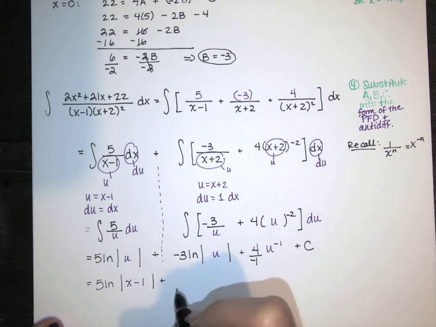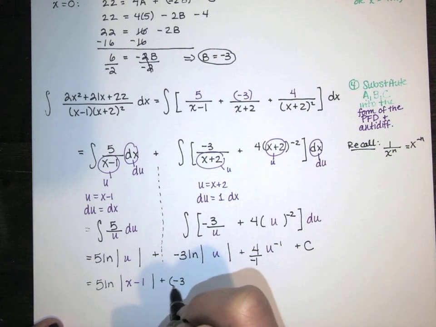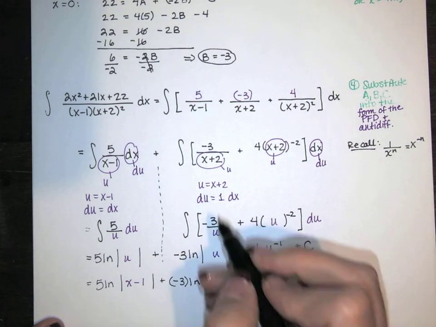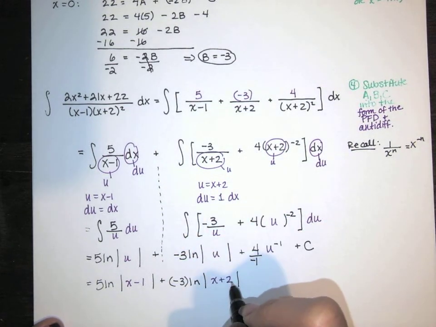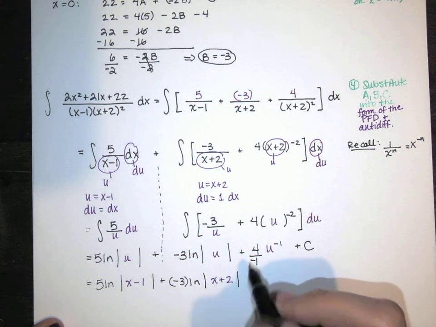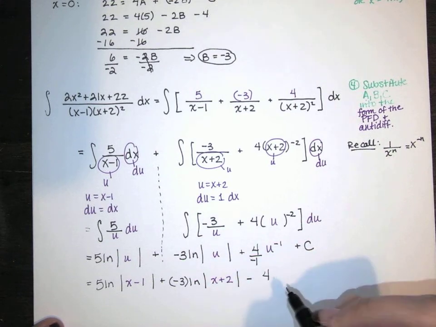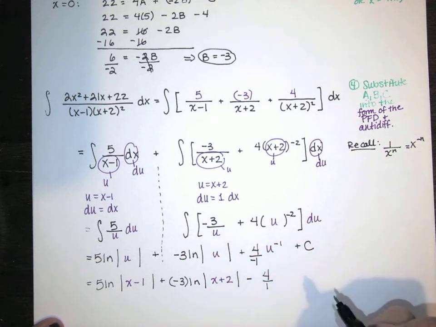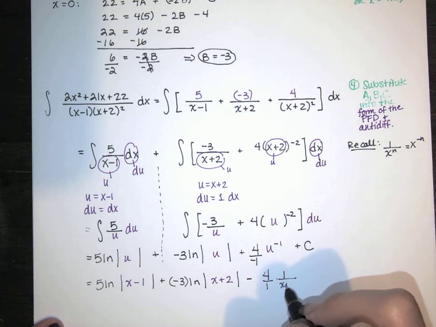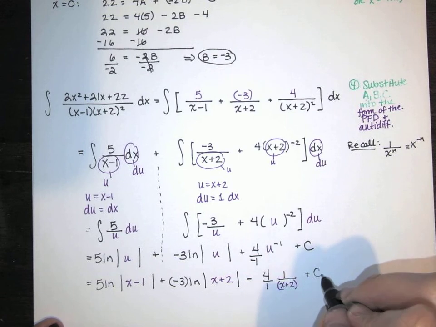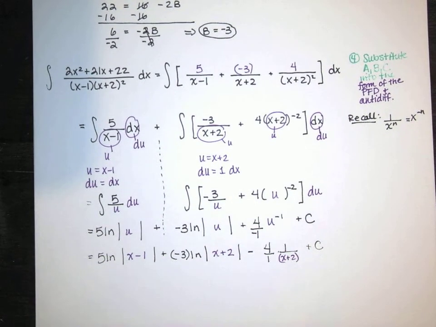And then we'll back substitute. U was x plus 2 this time. Now this is a -4. And you can write that as -4 over 1 times 1 over u, where u is x plus 2. You can skip that step if you want to. I'm going to clean this up a little bit.